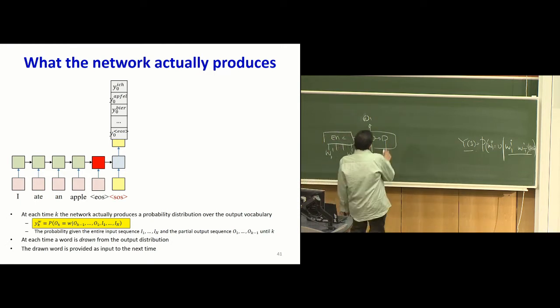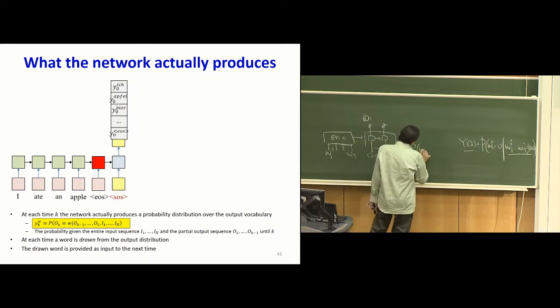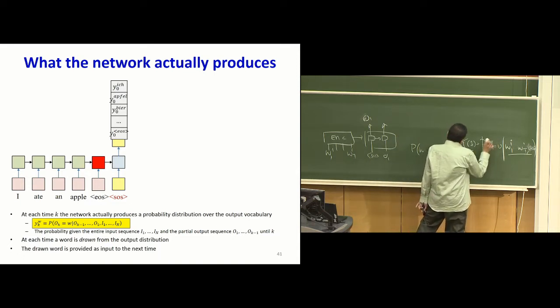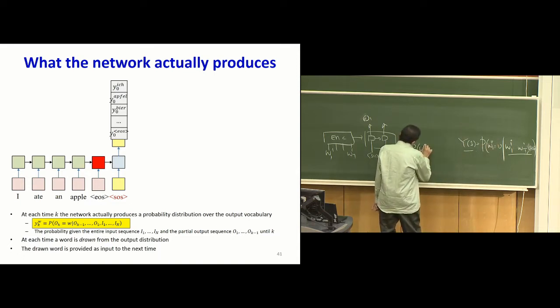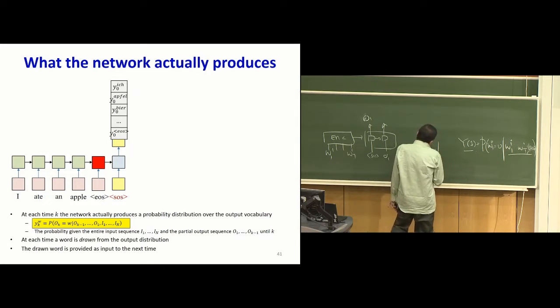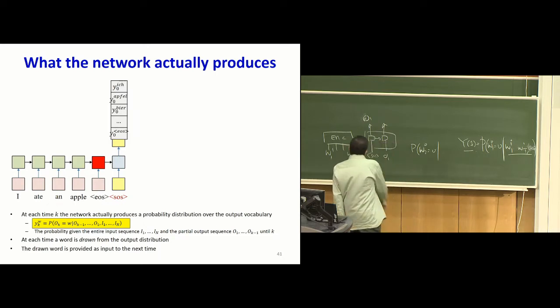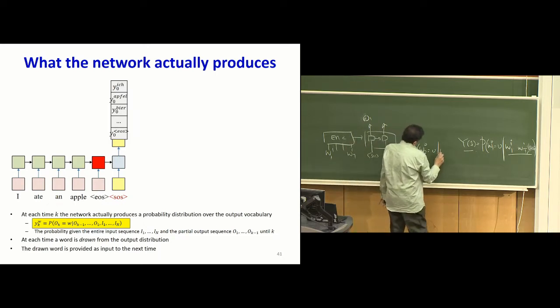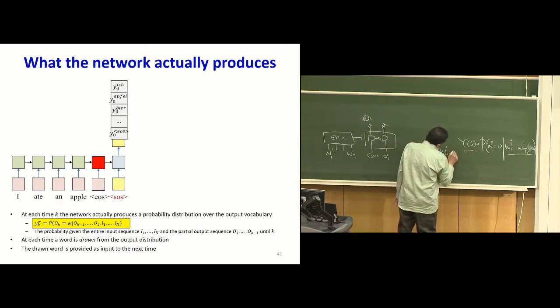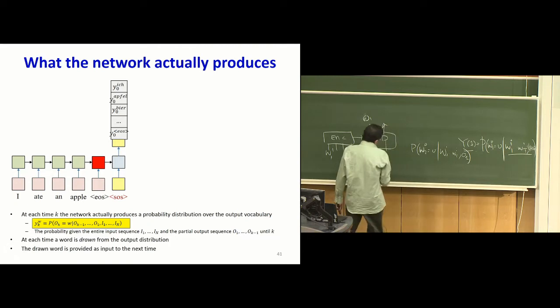So what is this output over here? This output is going to be the probability distribution for the second word in the sequence, given the entire sequence of inputs and O1, because O1 has been produced.